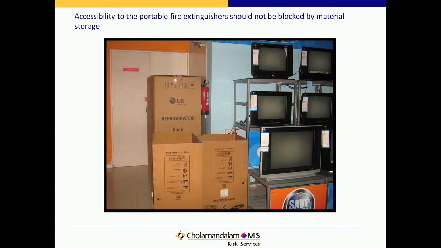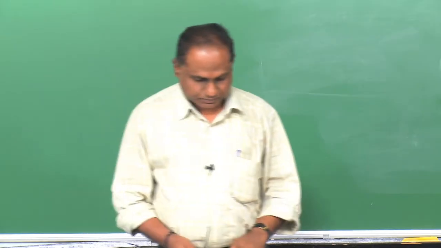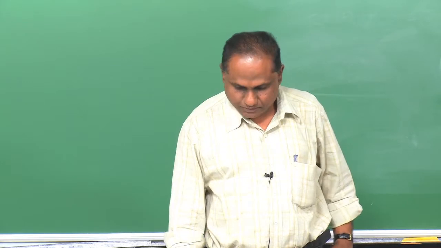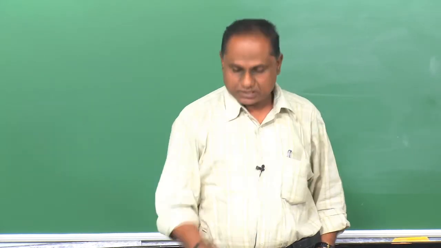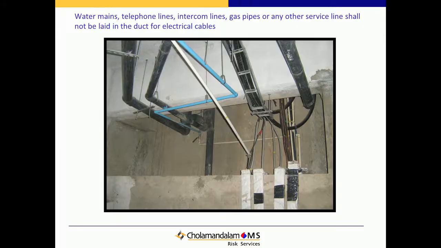See, the portable extinguishers, you can see, are blocked. How do you know where they are located in an emergency to go and identify them? So they have to be properly identified and kept away from obstacles. Then you can see a lot of cables are passing through without any segregation.